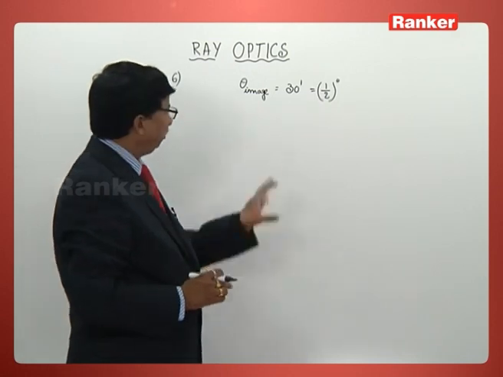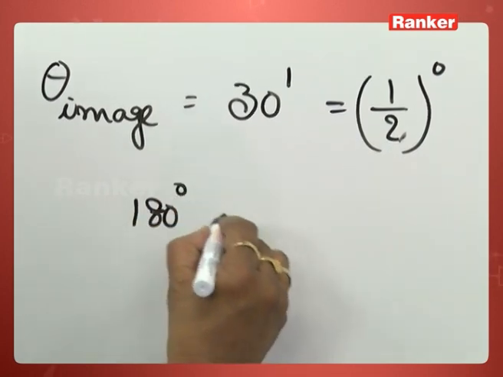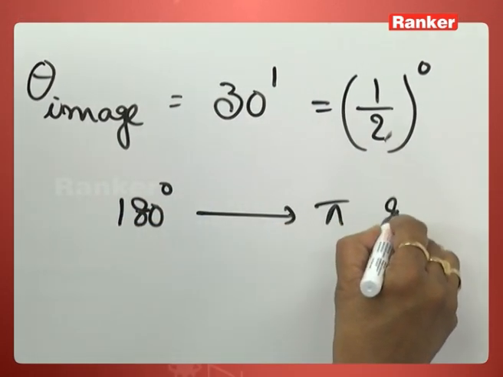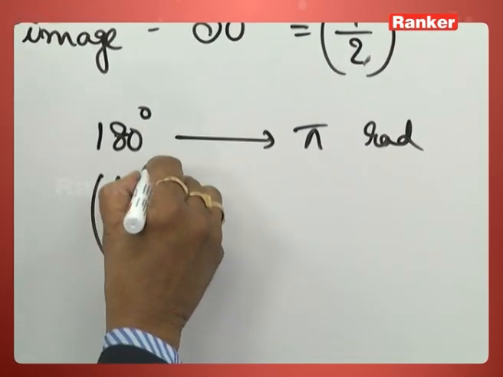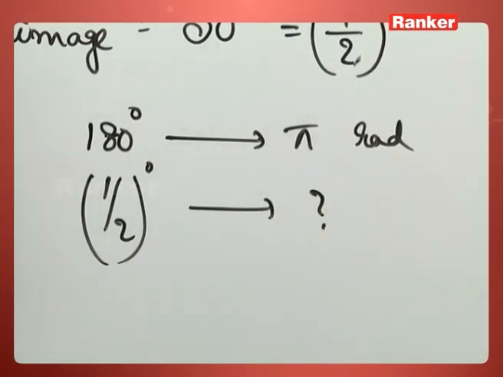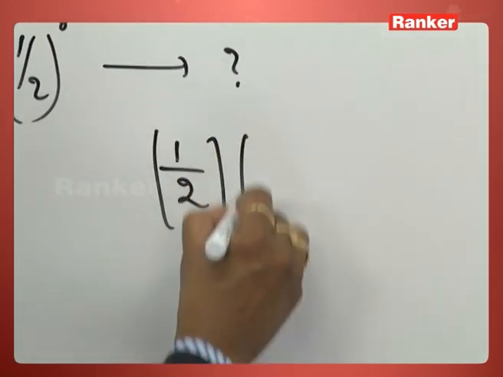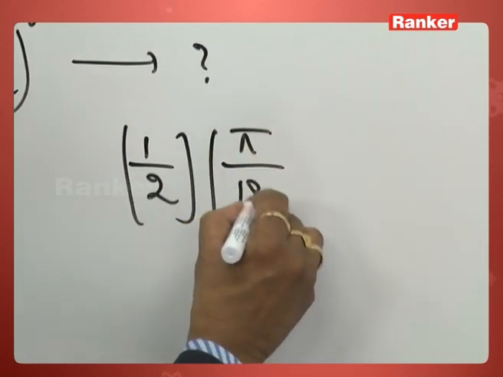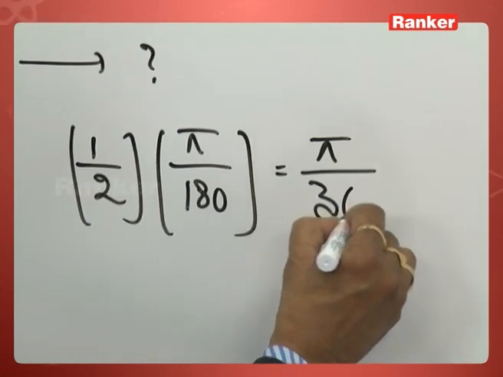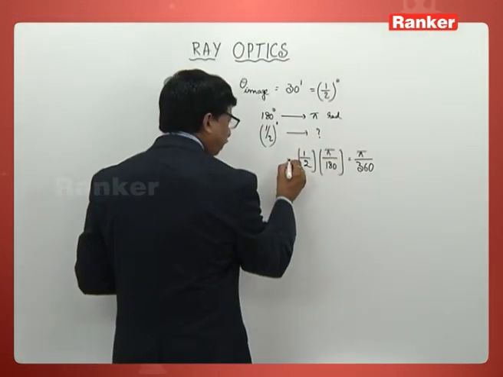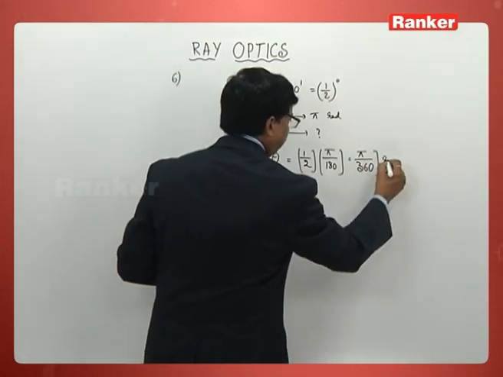But at the same time we know 180 degrees is nothing other than pi radian. Then half a degree, what will be this value? You can directly write this as one half into pi over 180. That is the general way we used to adopt. Otherwise you can write pi by 360. This is going to be the total value of theta in radian.